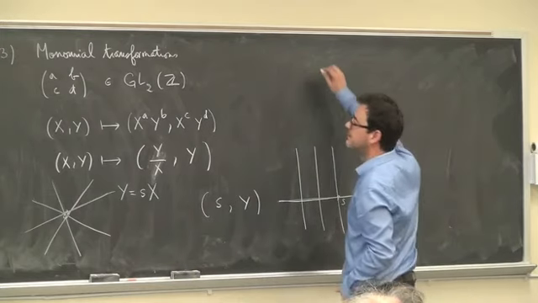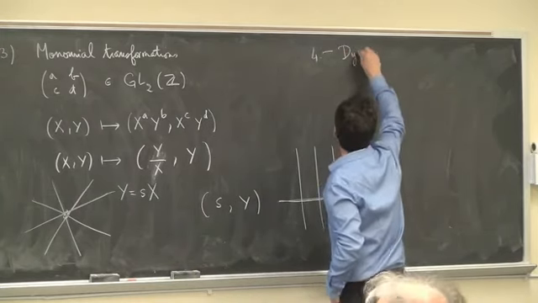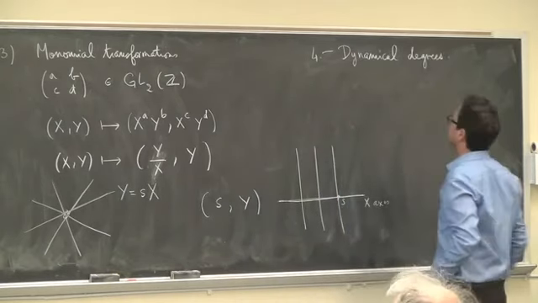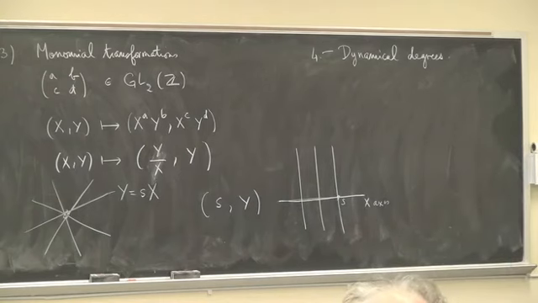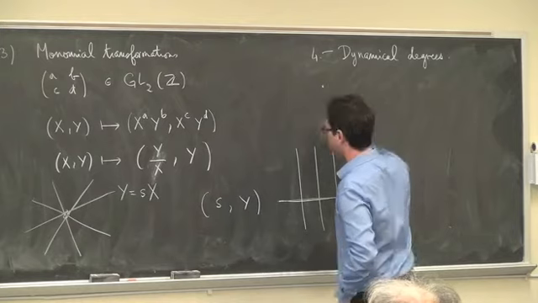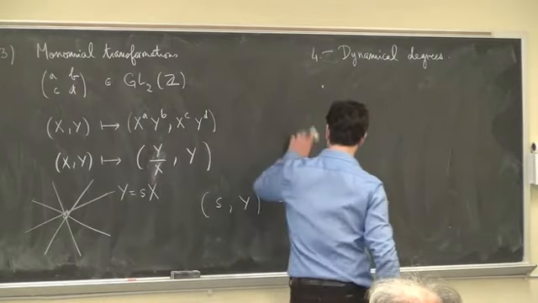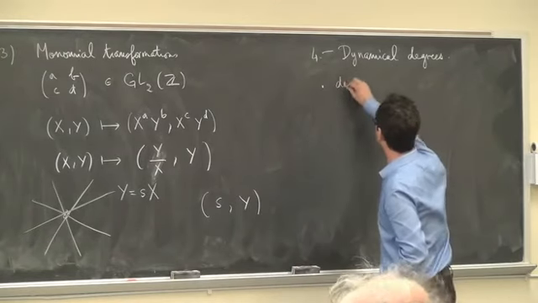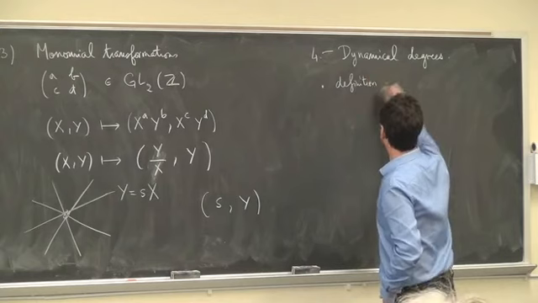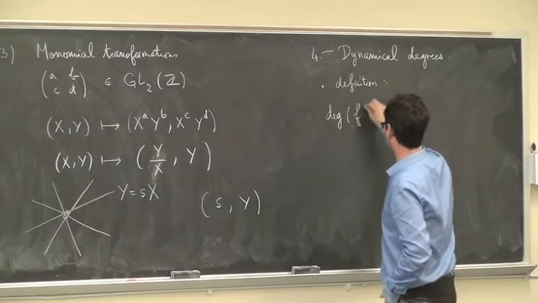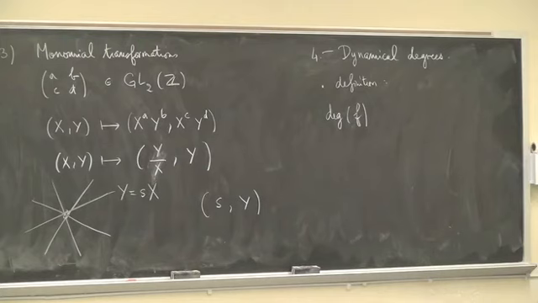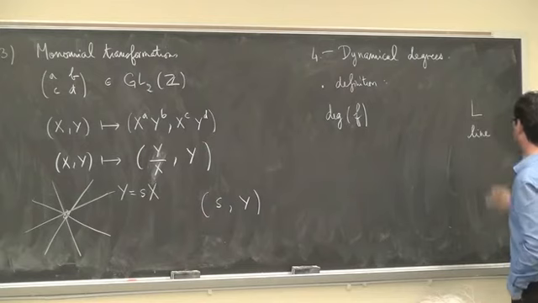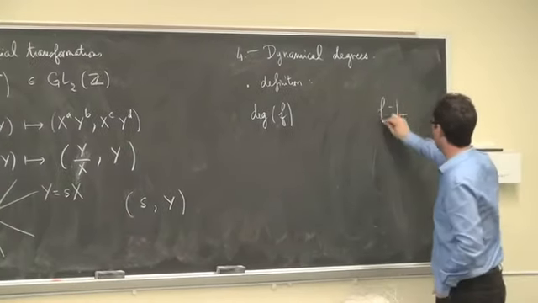Now, what is the dynamical degree? There are two equivalent ways to define the notion of degree. First, a geometric definition. You have a birational transformation f of the plane, and you want to define its degree. You take a line in the plane and take the preimage of the line.